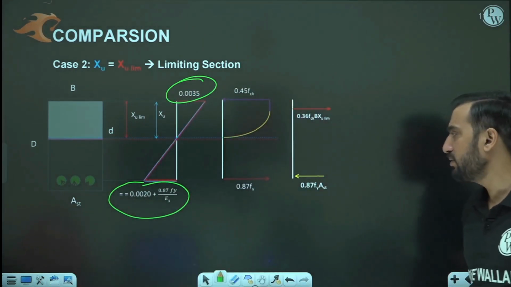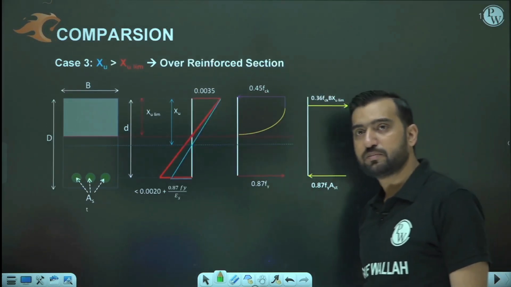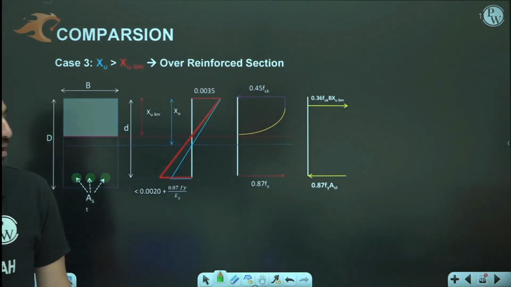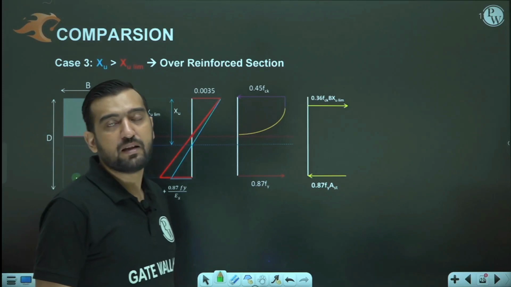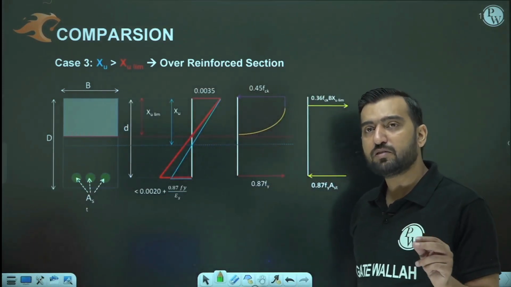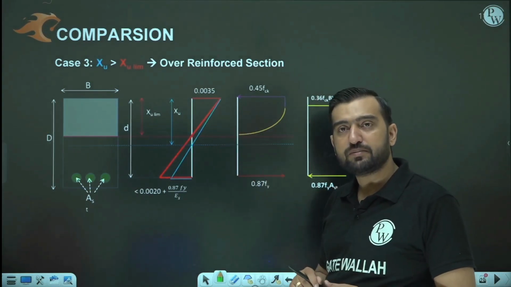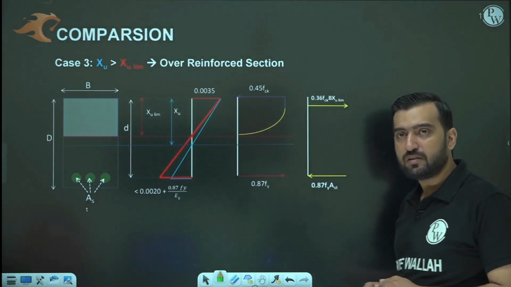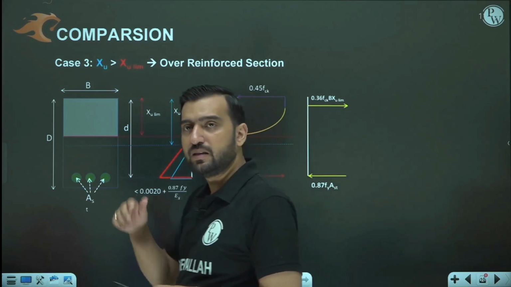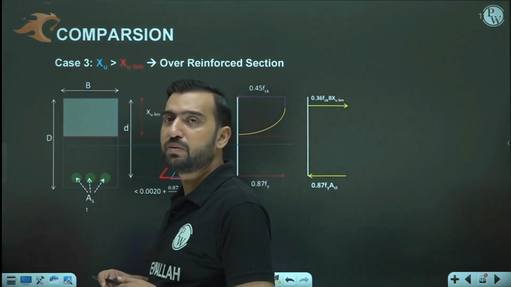So the next case is case number 3, when xu is greater than xu limit. This case is, you can say, not supported by LSM, because under this case assumption number 6 of LSM is not satisfied. What was assumption number 6? Assumption number 6 was that at the time of collapse, the strain at the level of CG of tensile reinforcement should not be less than the benchmark value.